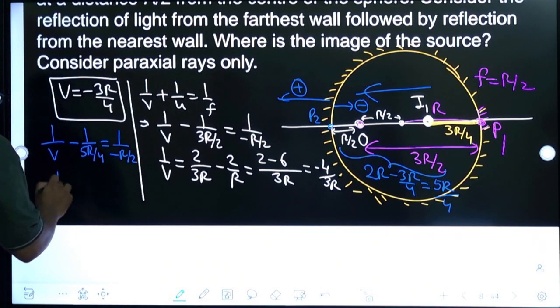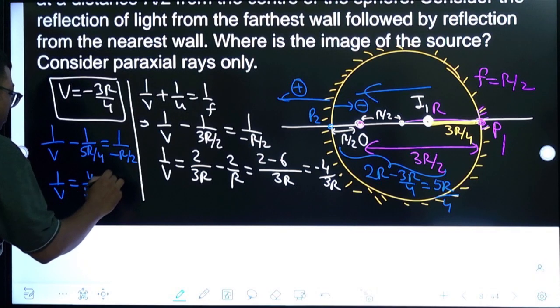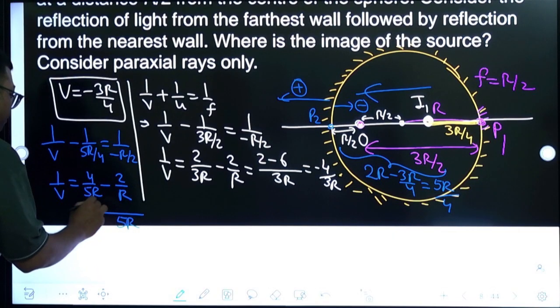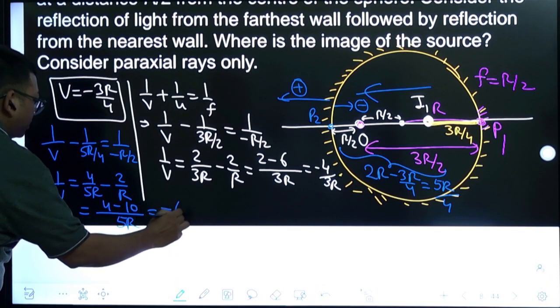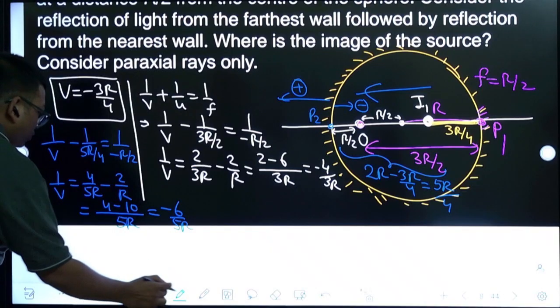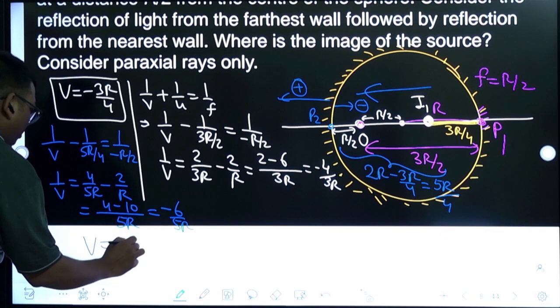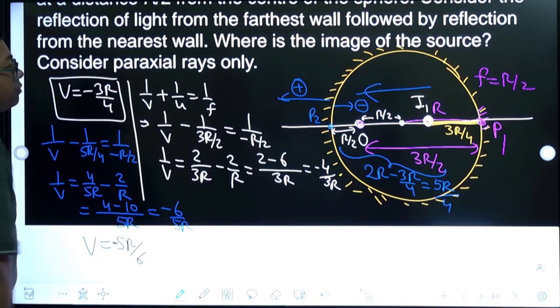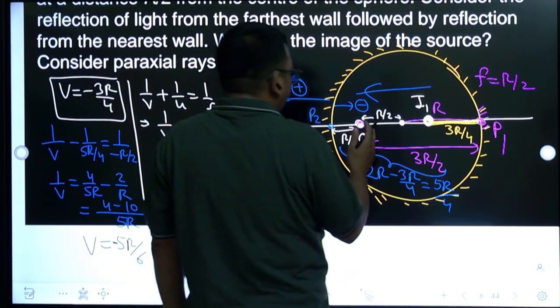So 4 by 5r minus 2 by r, take LCM, 5r: 4 minus 5 into 2, 10. So it is coming minus 6 by 5r. So finally v is equal to 5r by 6. But minus means the same side.